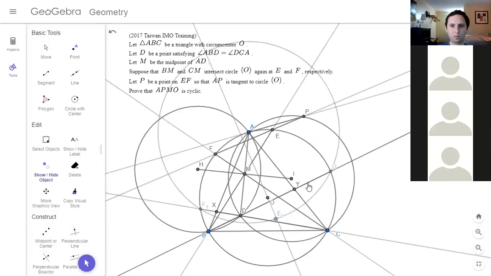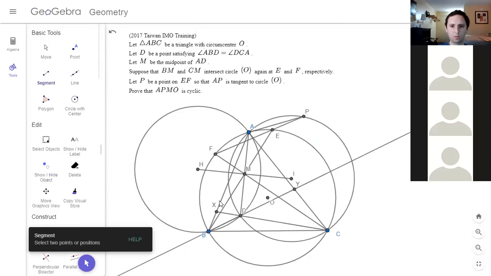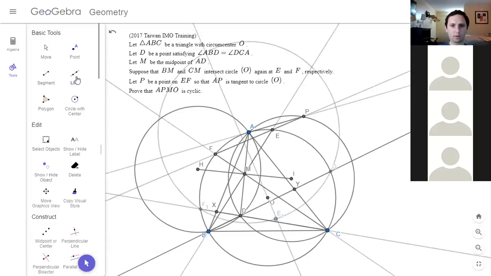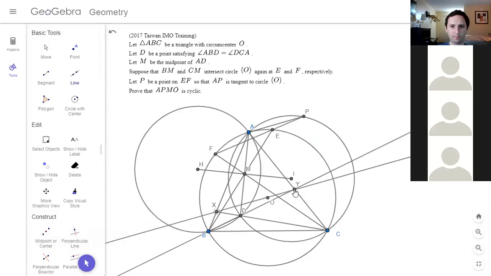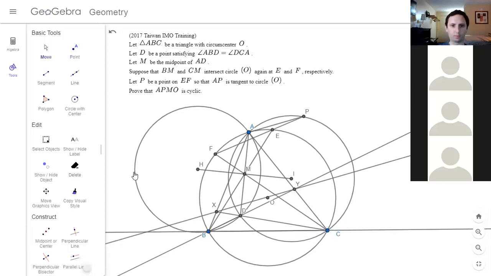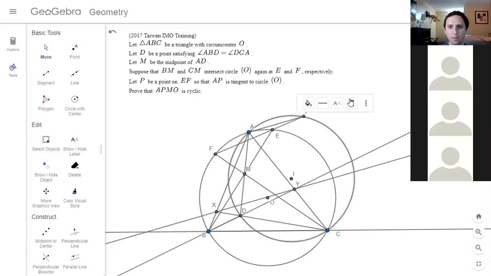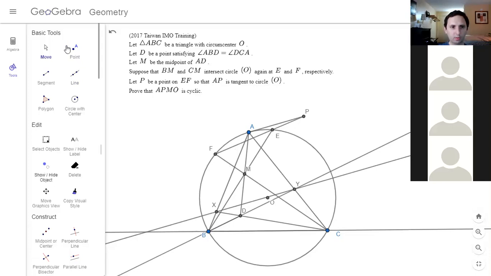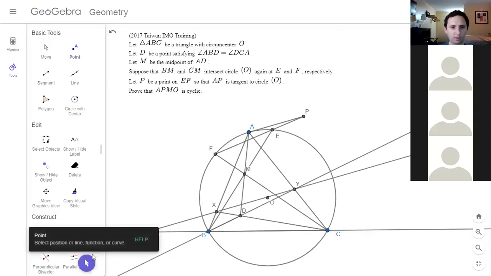And extend XY to meet BC at H. Okay. Let me erase these two circles actually, because I don't think these circles are part of your solution, right? Yeah. So that should be H.